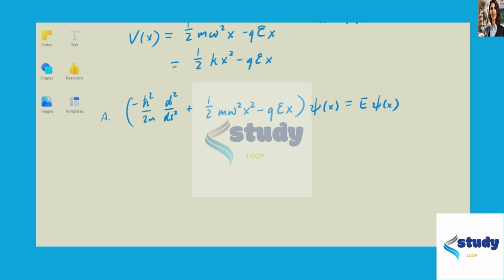Now what we want to do is use a change of variable so that this looks like the ordinary quantum harmonic oscillator.